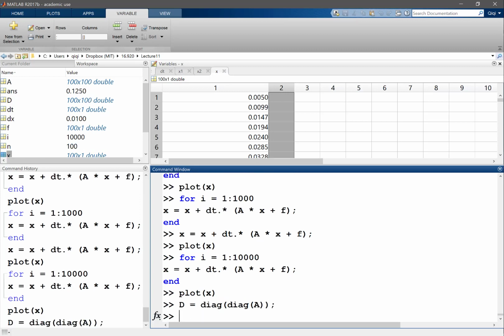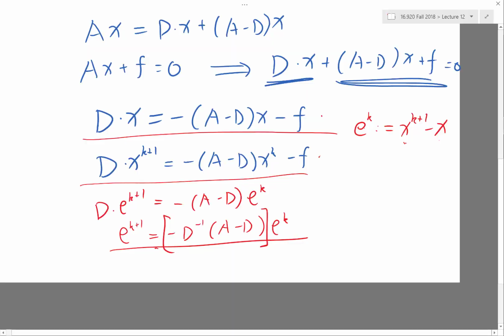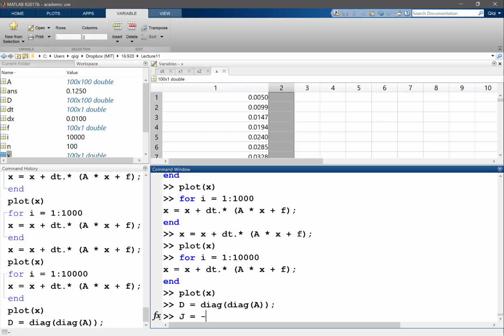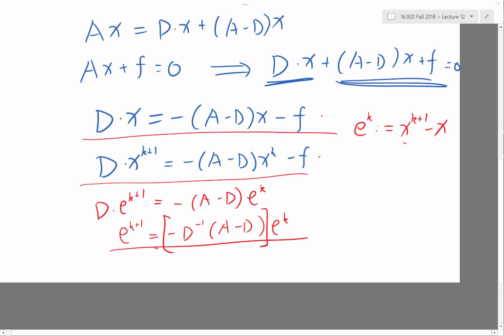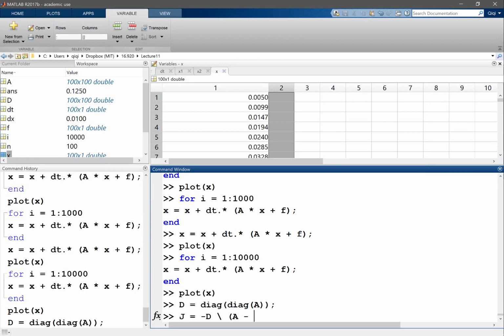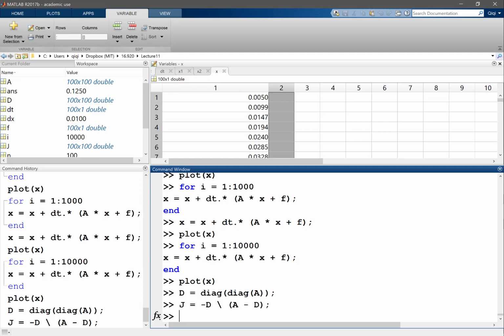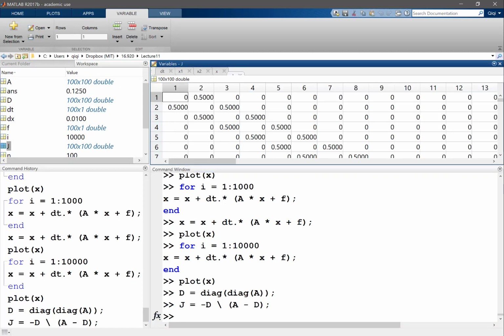Basically, if you do diag of a, it just extracts the diagonal entries as a vector, then you have to diag it again to actually make it a diagonal matrix. So then the Jacobi iteration matrix, let's call it J, is equal to minus d backslash, the inverse of d, a minus d. Right, so that's my Jacobi iteration matrix J.